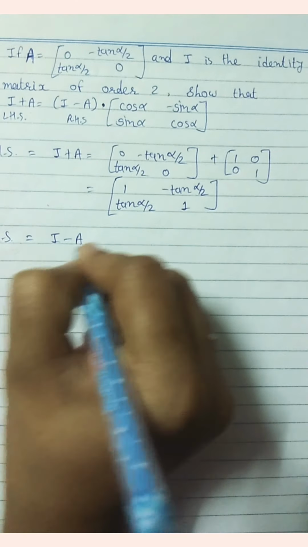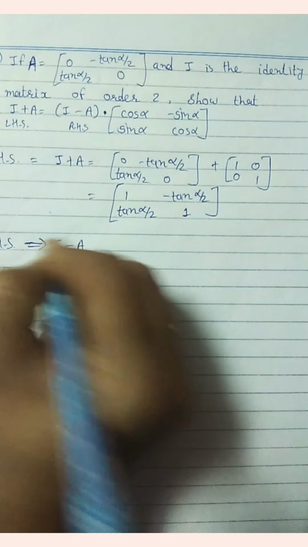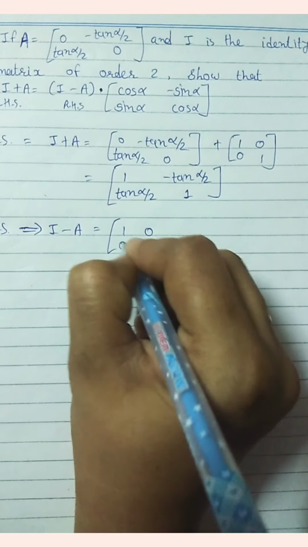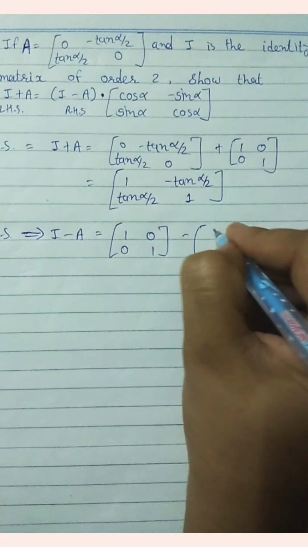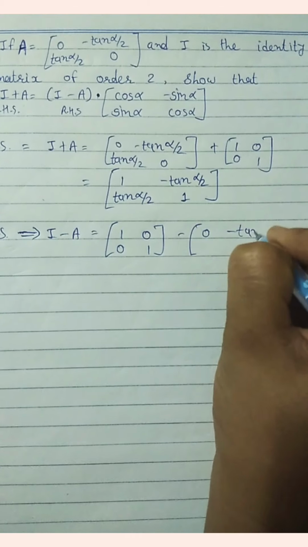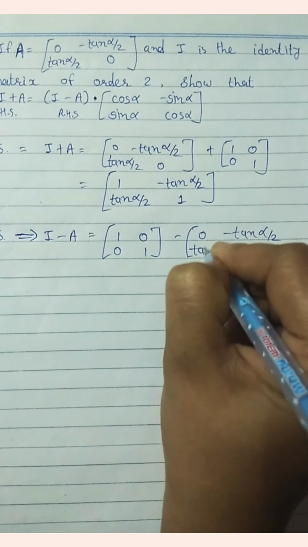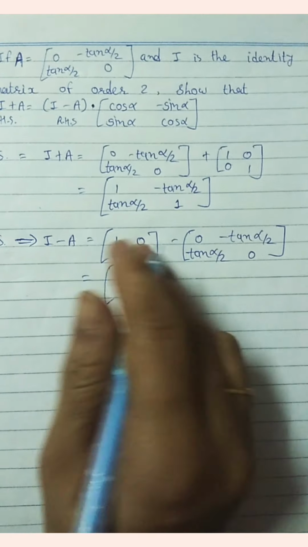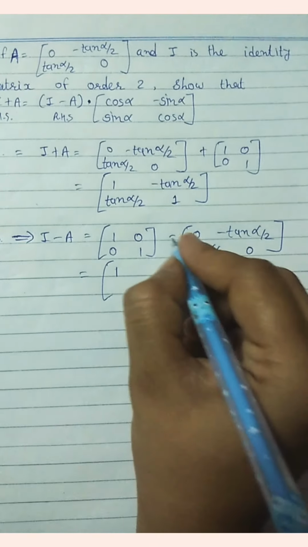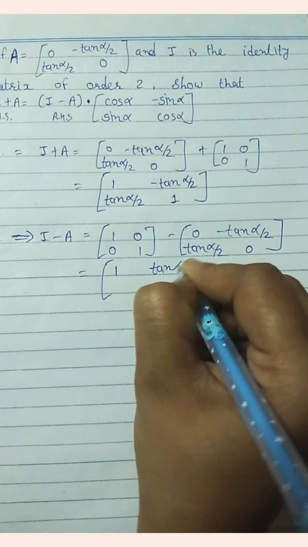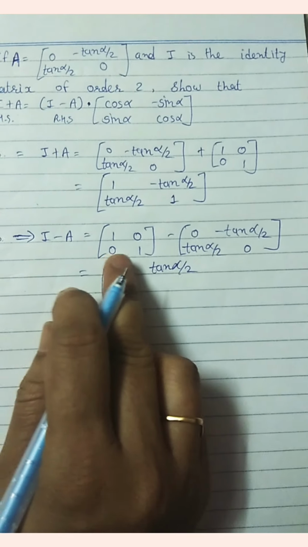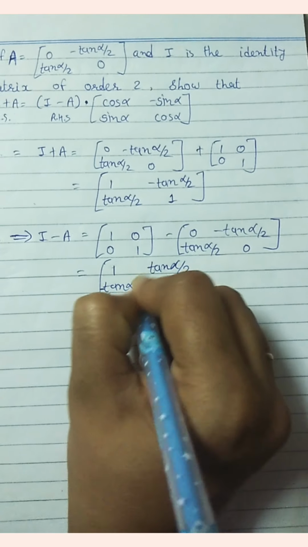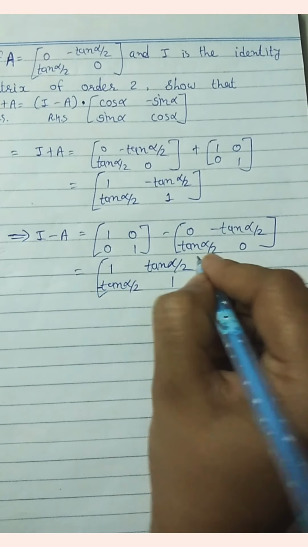I minus A, first we get I minus A, what is that? Now I cannot change the order, I have to be precise in order because there is a subtraction. Okay, 1 minus 0, that is 1, minus minus, plus tan(alpha/2) plus 0, so that is tan(alpha/2), 0 minus tan(alpha/2), so that is minus tan(alpha/2), and 1 minus 0, that is 1.